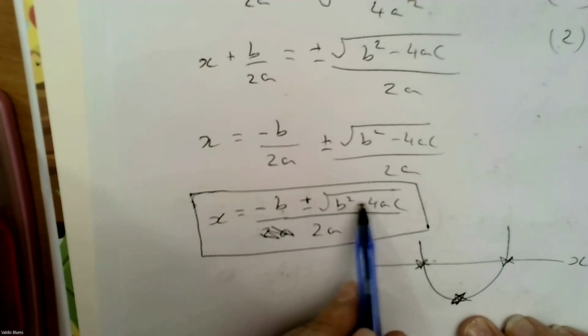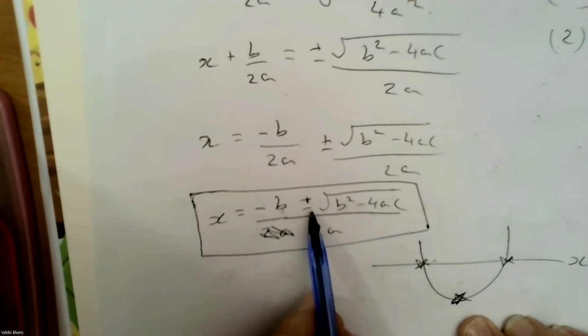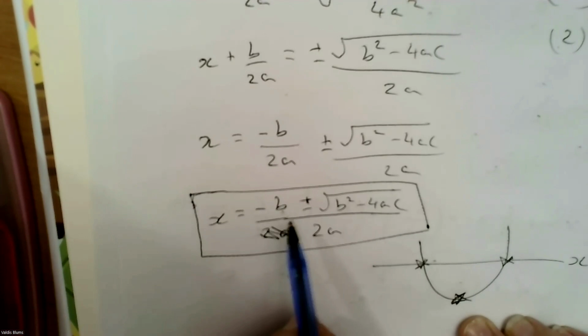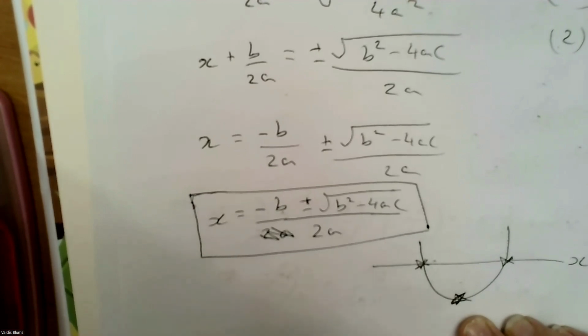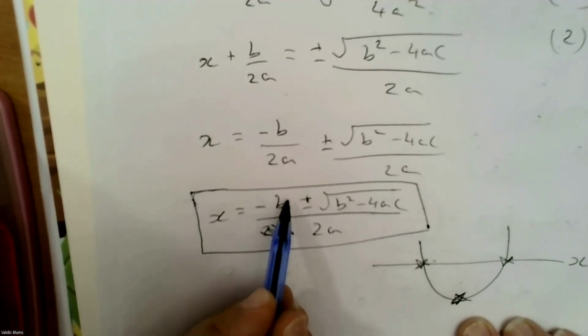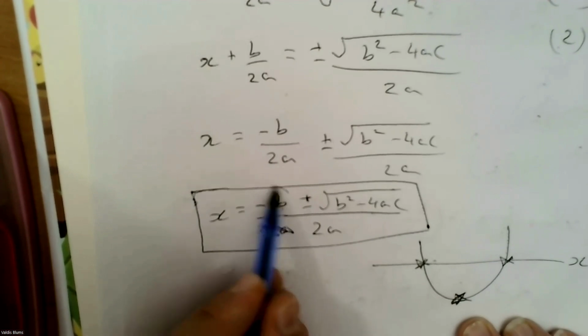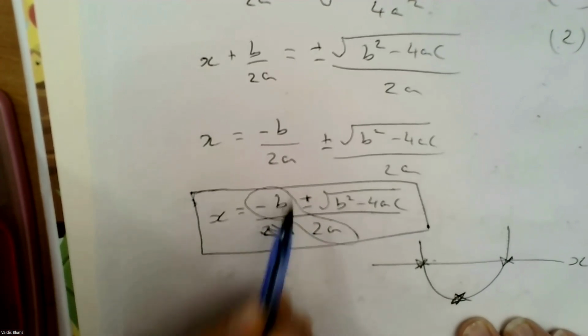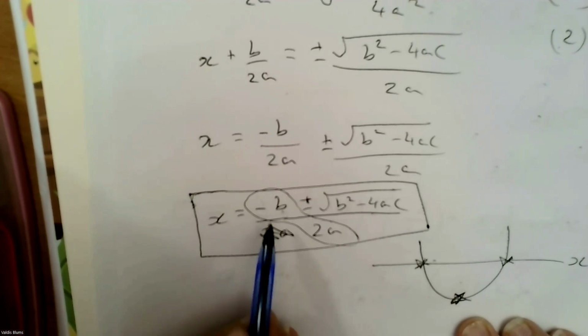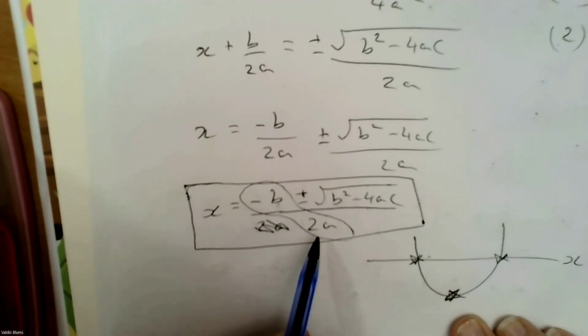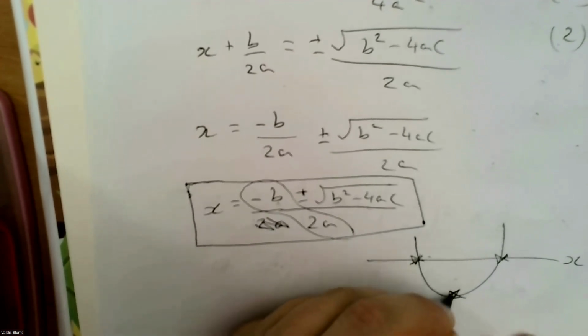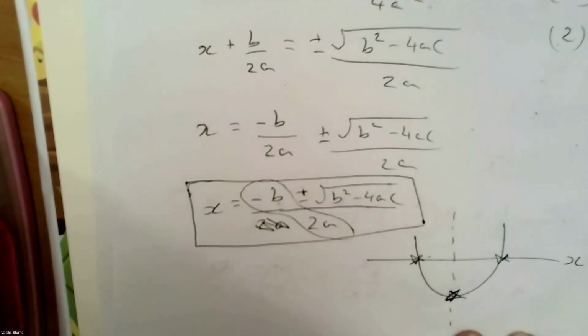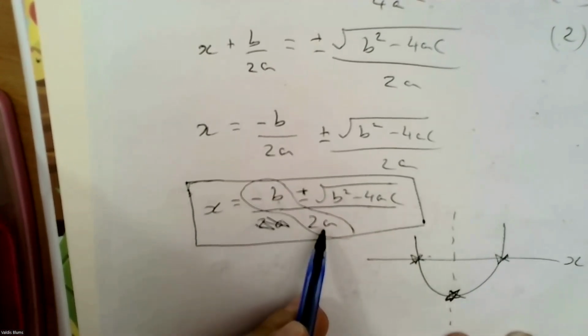For instance, if this is equal to 0, there is not going to be any plus minus stuff, and so you're just going to have one intercept. And that's going to be when the turning point hits the x-axis. And so the turning point also tells us our axis of symmetry location. So this negative b on 2a is your axis of symmetry.